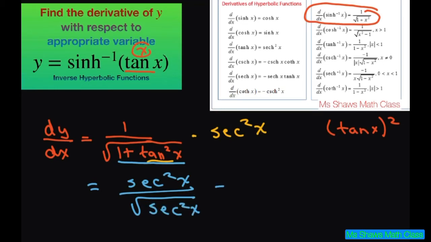So what we get is equal to secant squared of x, and then we want this to be positive, so we're going to do the absolute value of secant of x, square root of a square. This can be simplified further as the absolute value of secant.